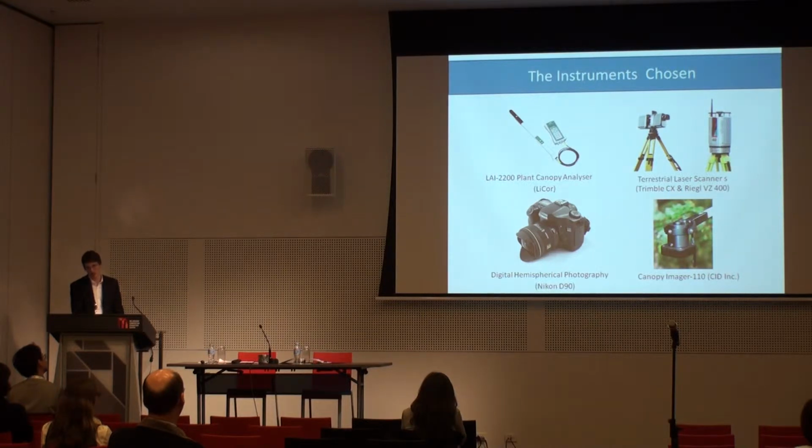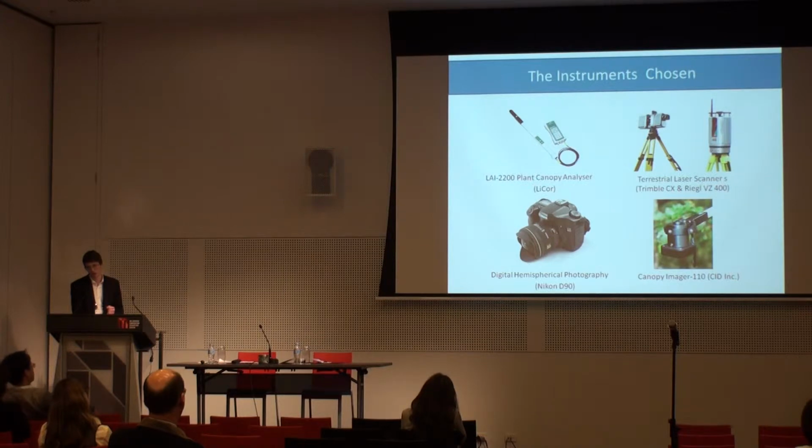So the instruments selected were the LAI 2200 plant canopy analyzer, which is an established method being used in a number of studies. And we also have hemispherical photography from 2 different instruments. The Nikon D90 was a high resolution camera, and the CR110 is a low resolution hemispherical camera.